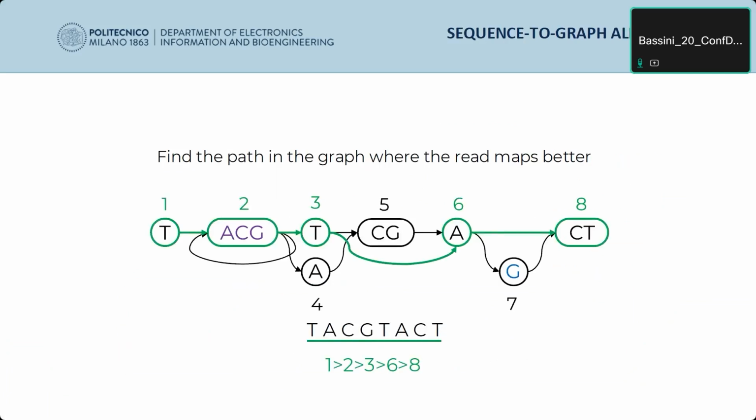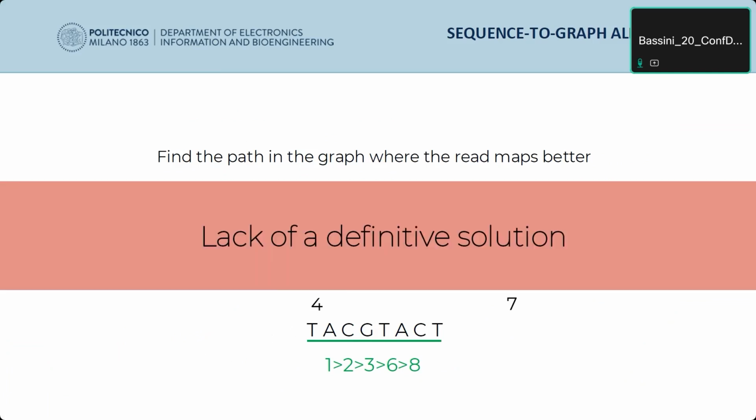One of the main challenges is the sequence-to-graph alignment process, which consists of mapping a sequence of nucleotides to a pangenome graph, or better, to a path in the graph, maximizing the alignment score between the two structures. During my research, I analyzed lots of state-of-the-art tools which account for this process, and I identified that there is a lack of a definitive solution which can perform better on different types of data.